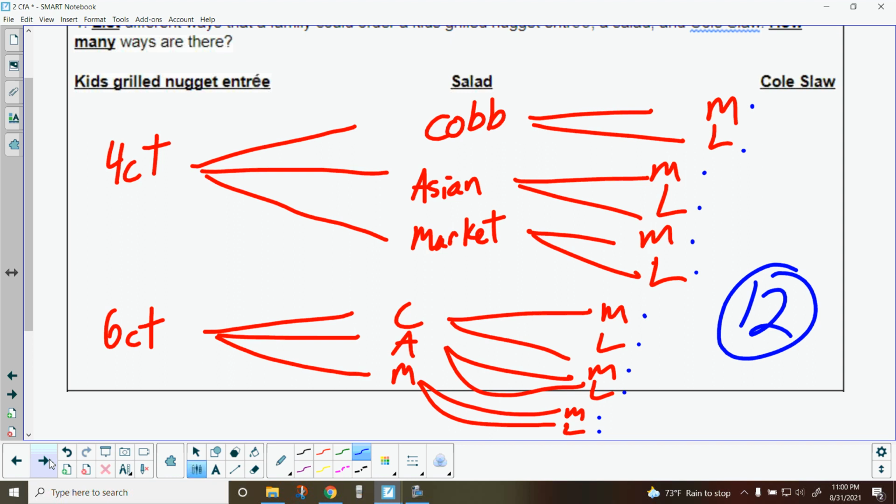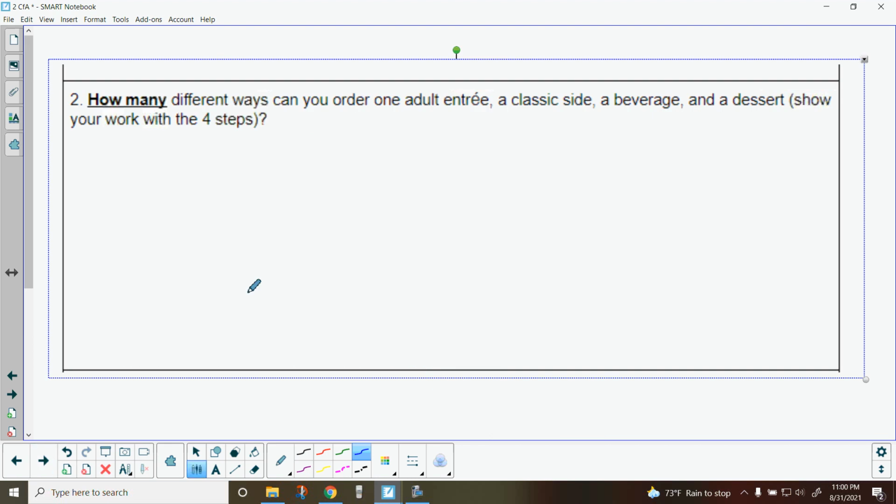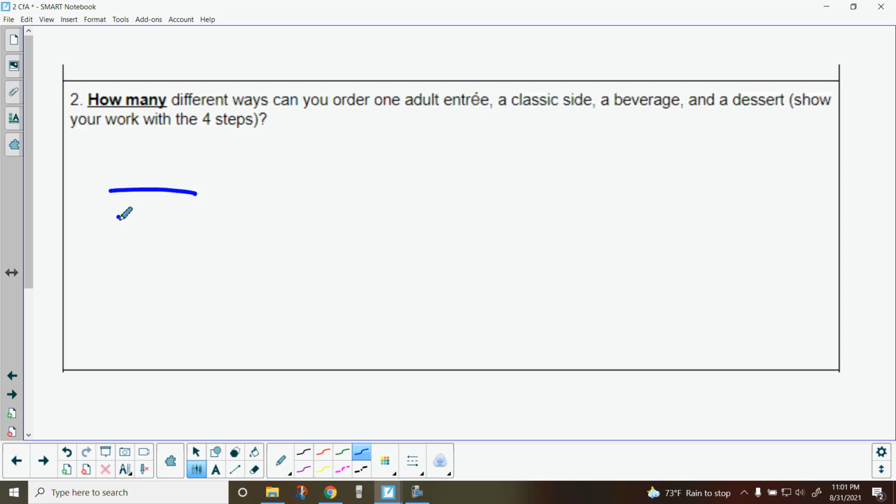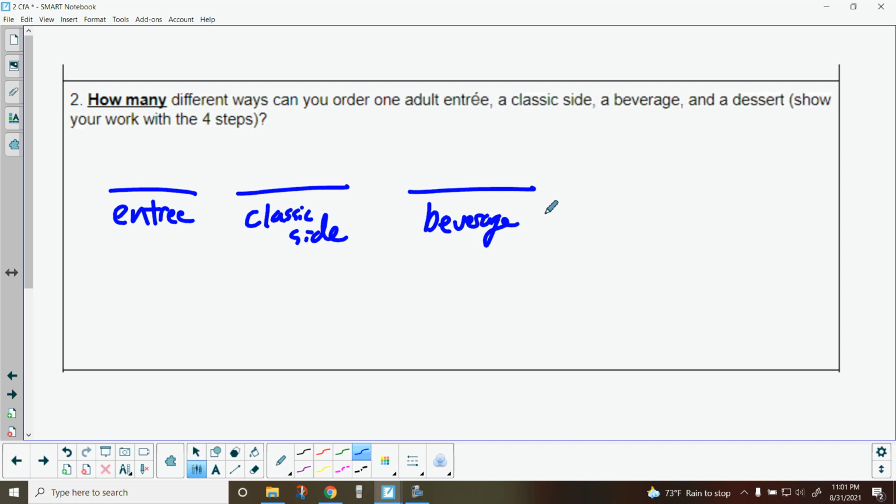How many different ways can you order one adult entree, classic side, beverage, and dessert? And this is those 4 steps, like what we're doing with combinations. So, entree, classic side, beverage, and dessert.